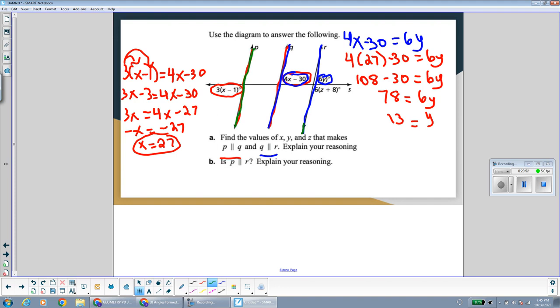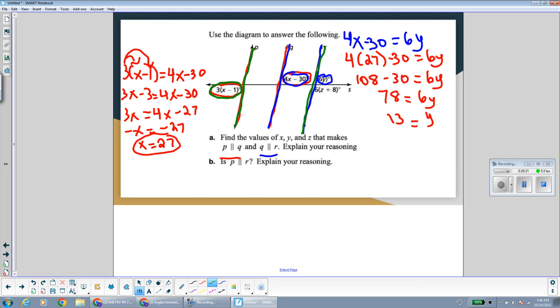Let me highlight P and R. Notice how the 3x minus 1 angle from the beginning and the 6z plus 8 angle are corresponding angles formed by lines P and R. Oops, backtrack, I highlighted that incorrectly. My bad.